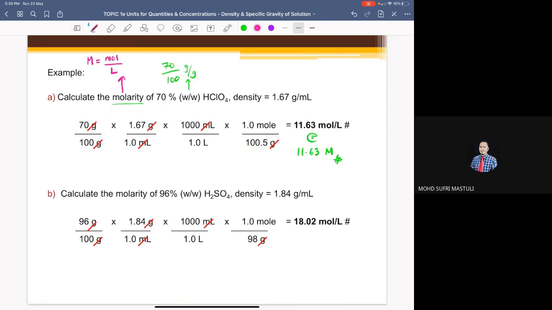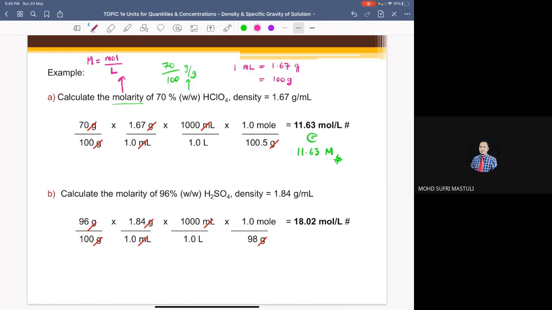However, this question just gives you percentage concentration. 70% means 70 gram per 100 gram. Fortunately, it is also given in terms of density, meaning that 1 ml of solution is equivalent to 1.67 gram.